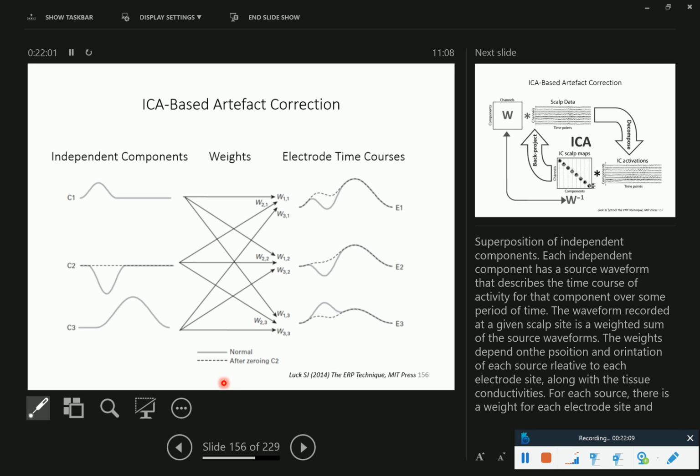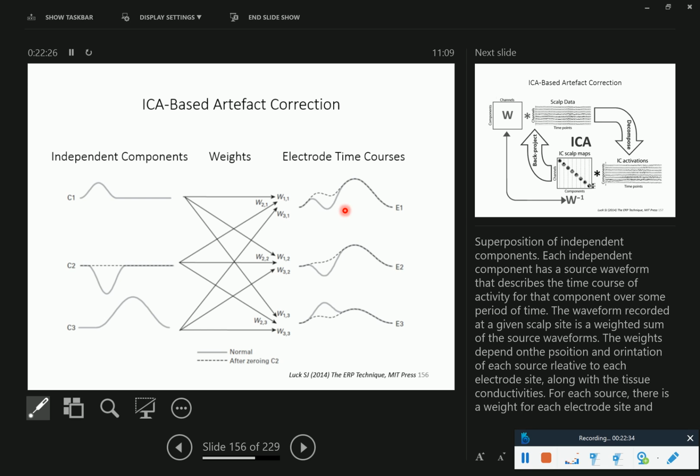And what this figure also shows is, if you, for example, say this independent component here, C2, is artifactual, something that I don't want in my data, then you could, of course, set all the weights that go from the independent component C2 to your electrodes, here W21, W22, and W23, to 0.